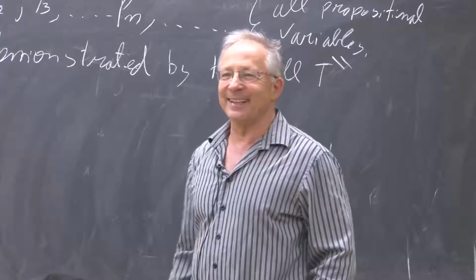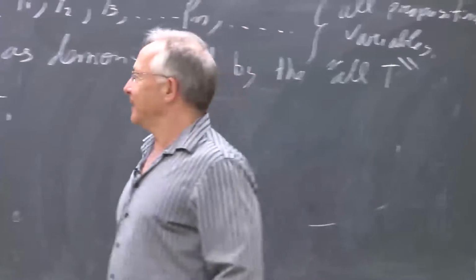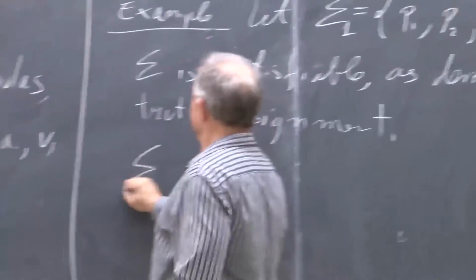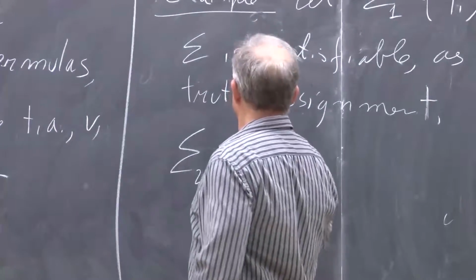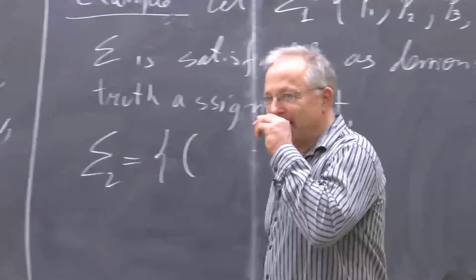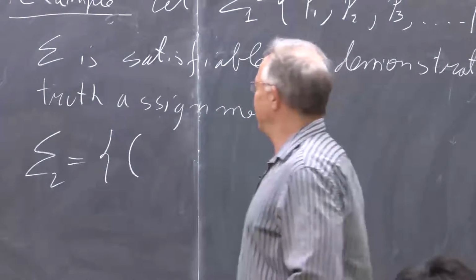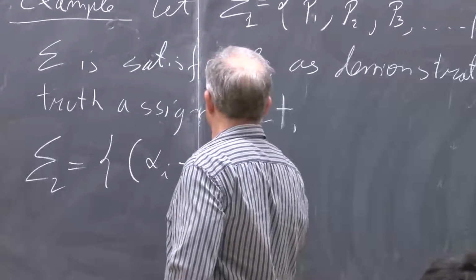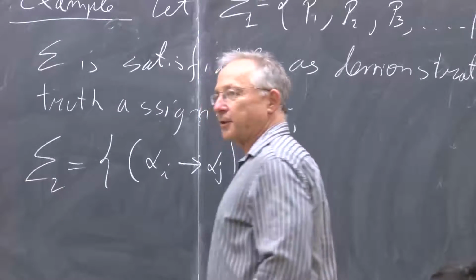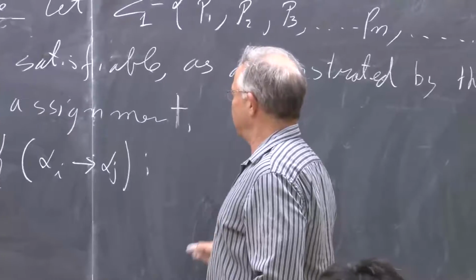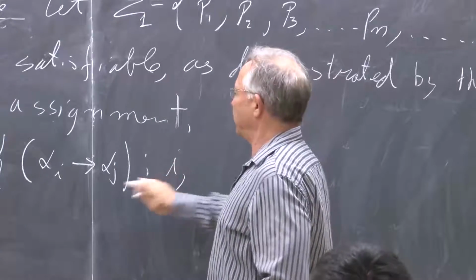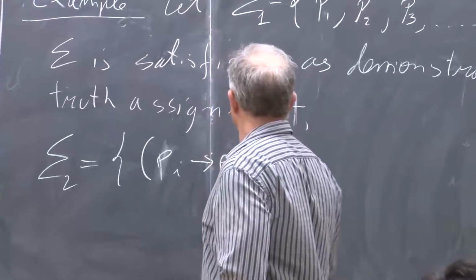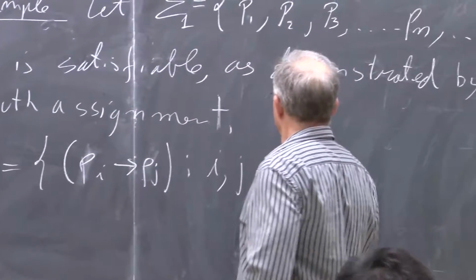Okay, so let's look at a different example. Let's call it sigma 1, and let's say sigma 2 is the set of all alpha_i implies alpha_j, and not alpha_i, P_i implies P_j, such that i, j are natural numbers.